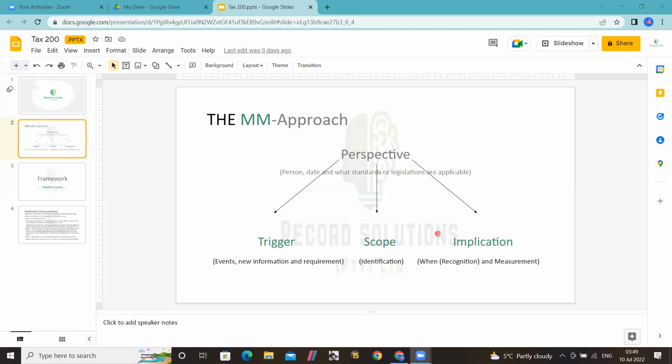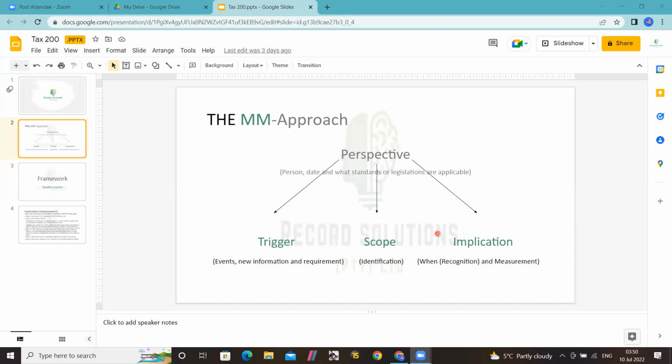Now that you have that perspective, you know who you are, the year of assessment and the tax you're working with. As you're reading through the scenario, you'll see triggers will appear. So what are these triggers? The first thing is events. So what do I mean by events? Events are things that happen.